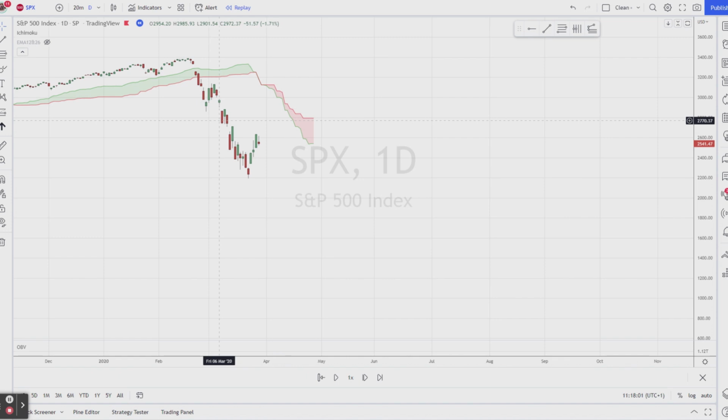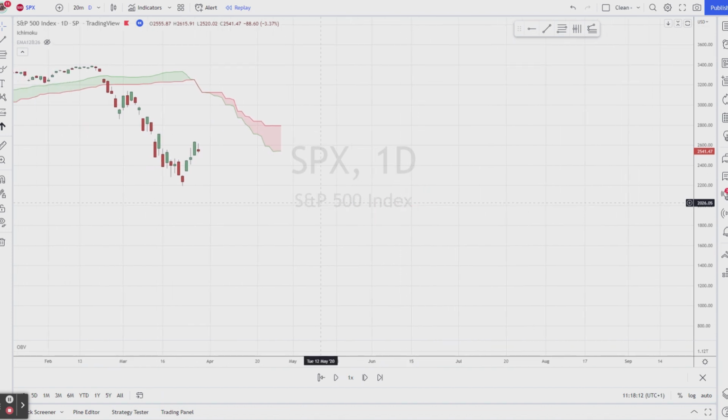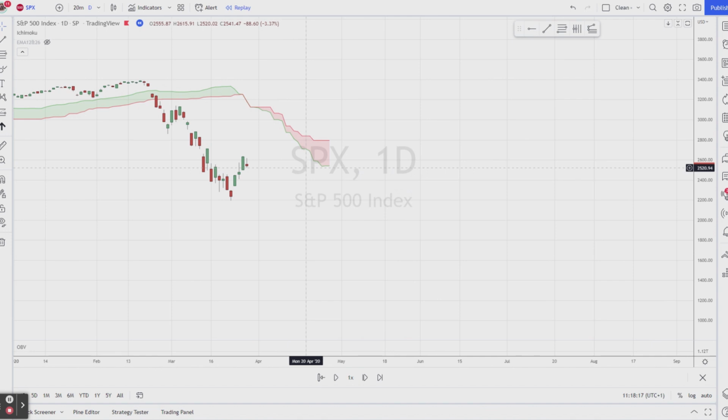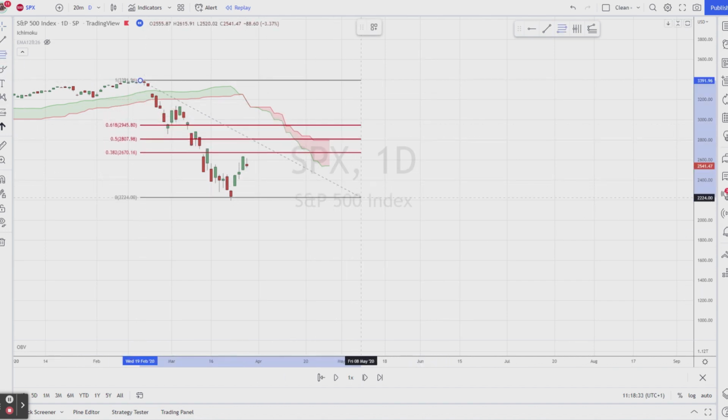However, we did push the first step of it, which means that yes, this could actually be done. This could continue upwards, or it could continue a little bit more downwards. This tells us that as of now, we don't have enough info to actually make a decision. So what we need to do, if we assume that this will continue down, we have to measure it. And we do the same, but in reverse.